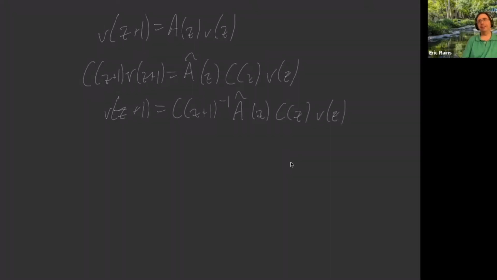And thus we see, modulo some very mild assumptions about how our actual equation behaves, and in particular, if we say that this has to happen for all solutions, we can basically play this game with the fundamental matrix. And what we see is that Â is equal to C(z+1)A(z)C(z) inverse. So if you like, this is a non-scalar gauge transformation. And that's what an isomonodromy transformation means. In the difference case, it is this kind of gauge transformation.